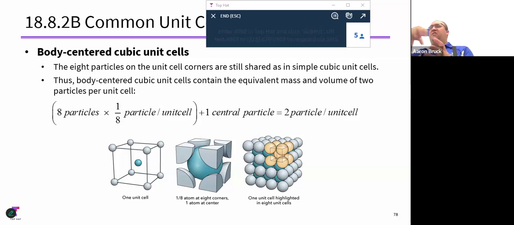They're just arranging themselves in a different way. So, this is showing it as grays and blues and peaches. Understand that this is all the same thing. So if I'm looking at a metal that does body centered, every single one of those circles that you're seeing there, they're all the same thing. They're all iron, or they're all cesium, or they're all iridium, or whatever it is that is body centered.